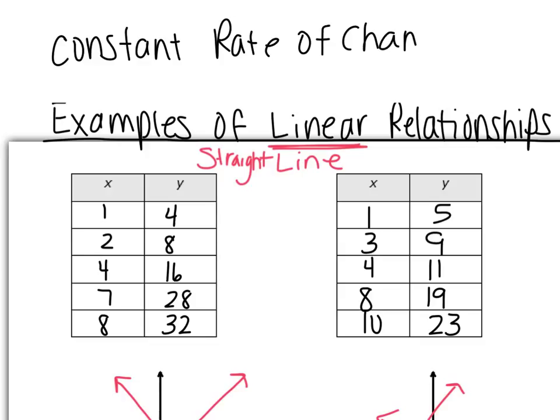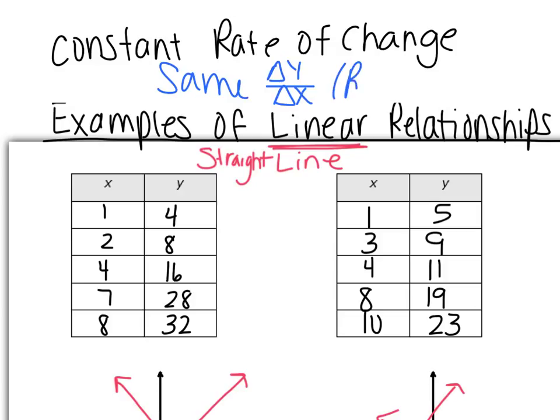So basically, what this means is it must have the same delta y over delta x for the whole entire table. Now this does mean in its reduced form. So you will have some cases where the two fractions may not look alike, but when you simplify it down, it does.